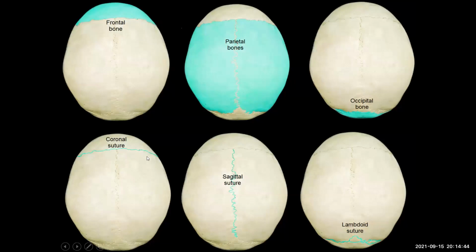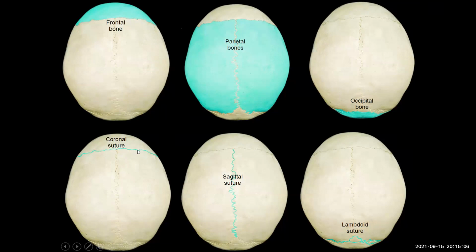So just to show you, here's the frontal bone, here are the left and right parietal bones, here's the occipital bone. The joint in between the frontal and the 2 parietal bones is the coronal suture right here in the front, which is nice because the coronal suture is in the coronal plane.